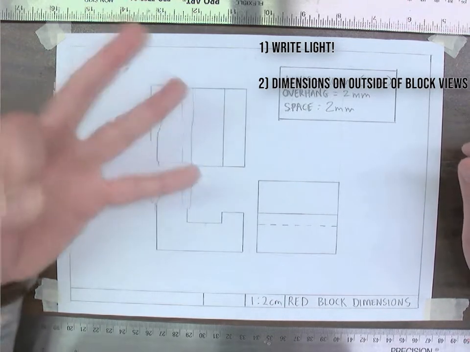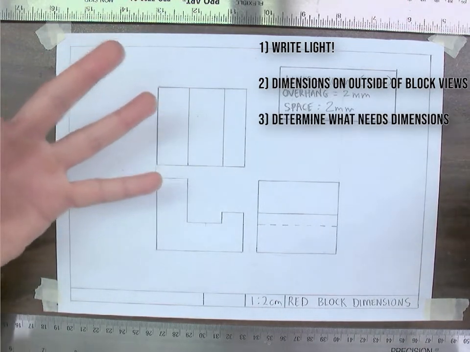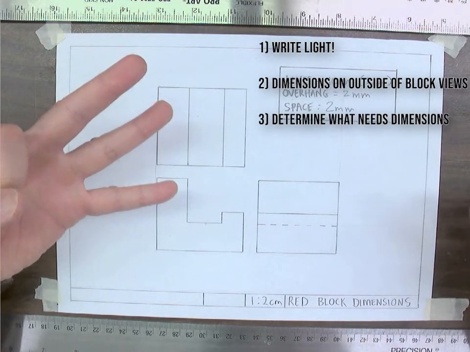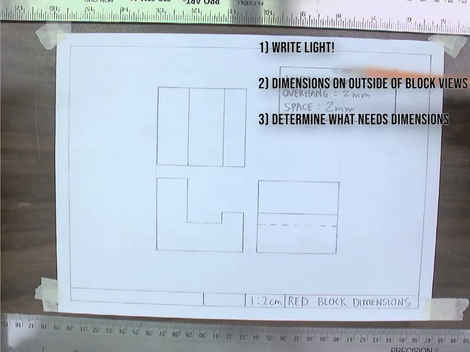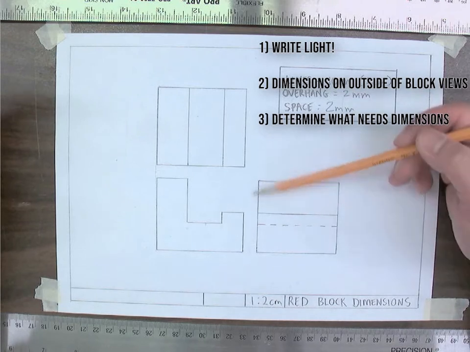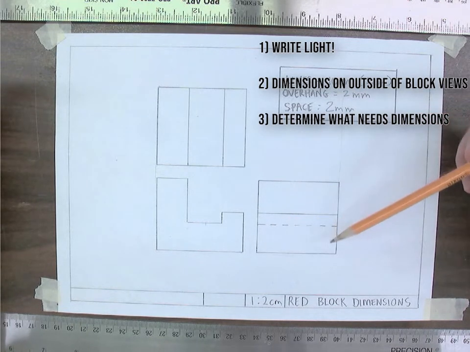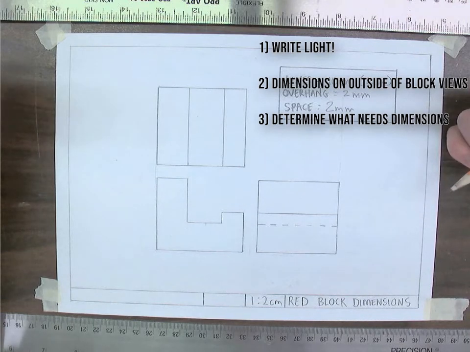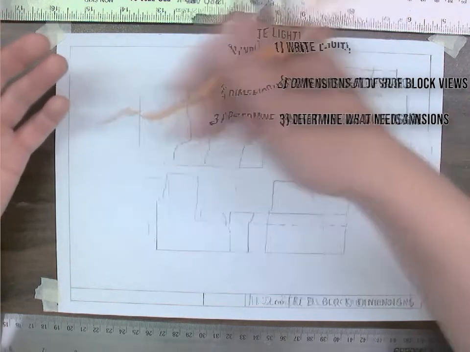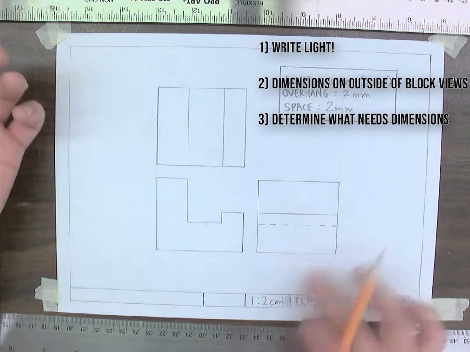Third, identify which surfaces need to be dimensioned, and then make your lines. I can see there are a lot of surfaces here that need to be dimensioned. If you're not sure what needs to be dimensioned, it doesn't hurt to just start drawing your lines anyway.